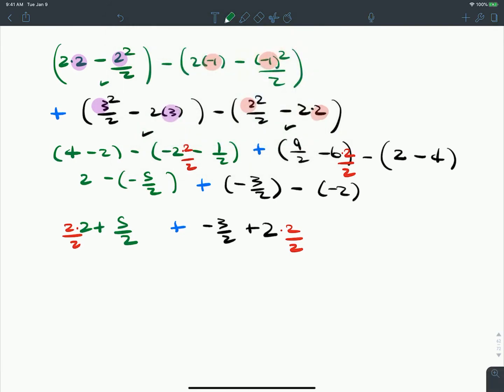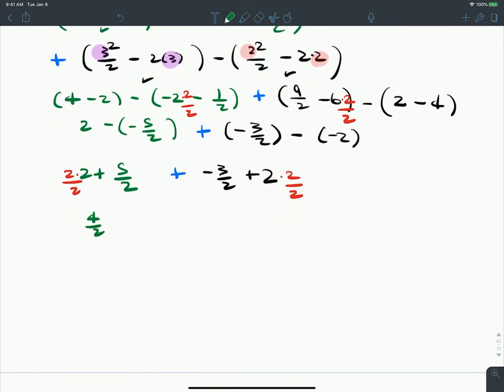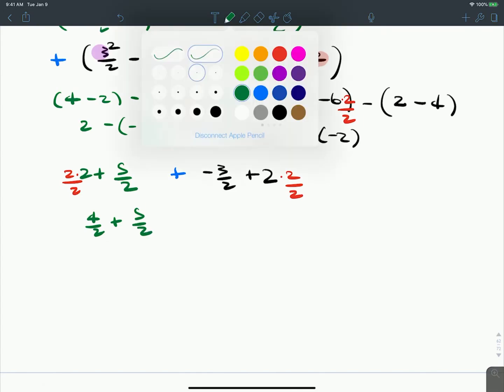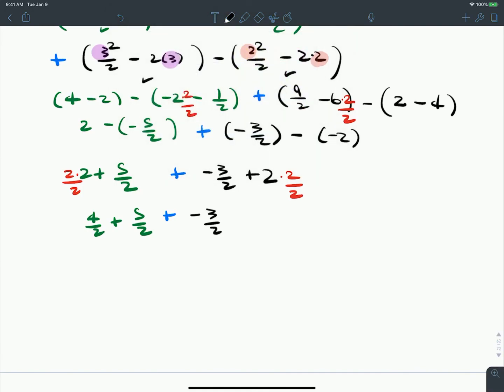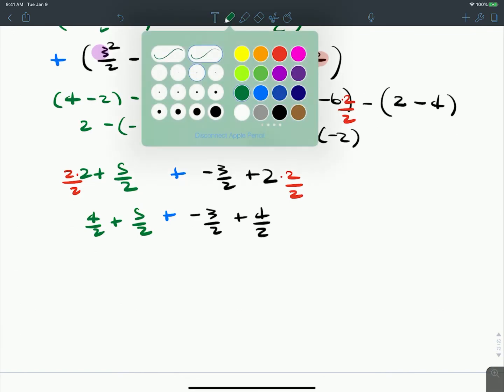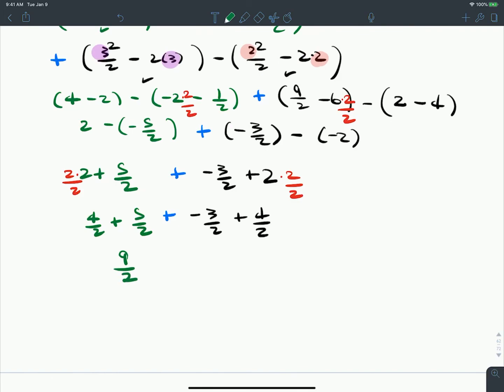So let's see what we get. 4 halves plus 5 halves, plus negative 3 halves plus 4 halves here. Nine halves plus negative 3 halves plus 4 halves, that's 1/2. Final answer is going to be simply what? 10 halves, or the value is 5.